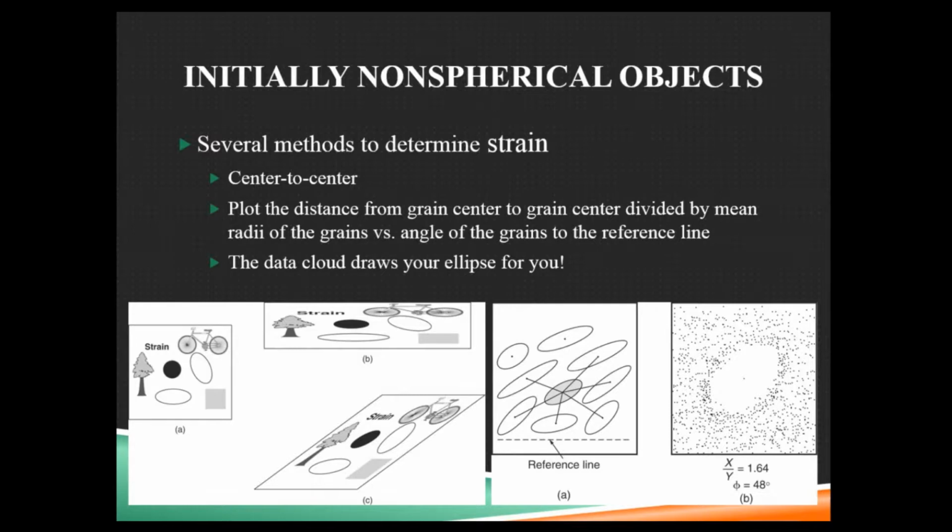if we have a reference line and plot a center to center, so the distance from the center of one grain divided by the mean radius of the grains versus the angle to all the grains, and we start plotting them, we get this cloud of data points, and it turns into a nice empty ellipse. The data cloud is going to draw the strain ellipse for us if we are plotting these values.